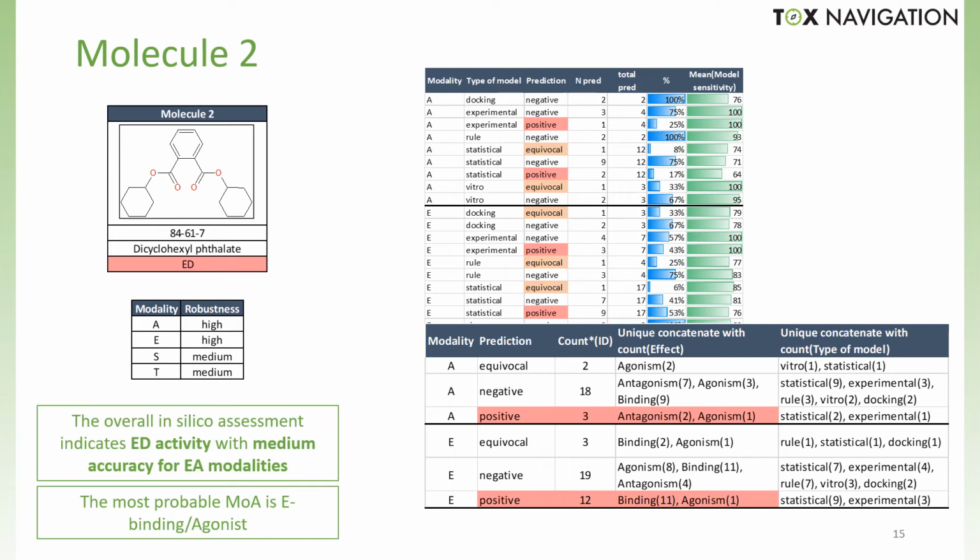And here we have as an example that for the estrogen receptor, for which we have a higher probability of a positive result, having at least 12 models suggesting a positive result, the mode of action that is suggested is binding, so not able to distinguish between agonism or antagonism, but just suggesting that a binding with the estrogen receptor is possible.